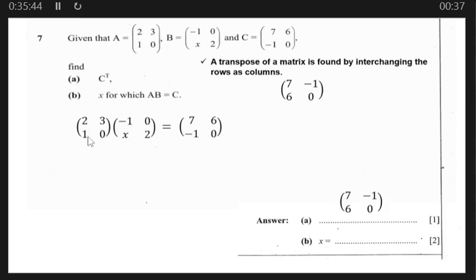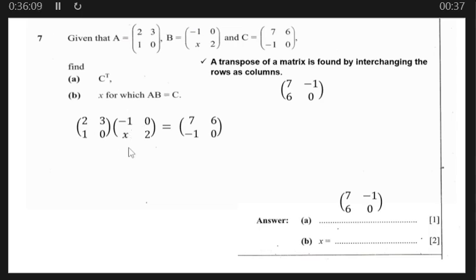So you multiply here, you say 2 times 1. That's how it goes: the first number in the first row with the first number in the first column, then the second number in the first row with the second number in the same first column.